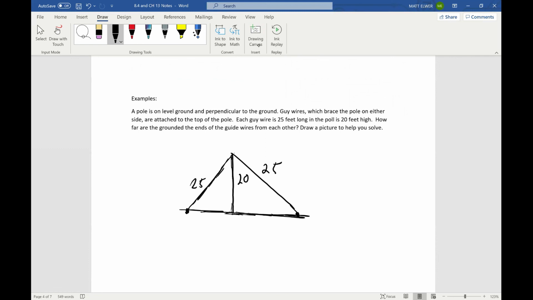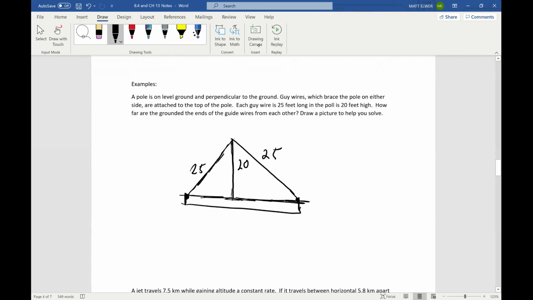The reason I know that they're the same is because they have two side lengths that are exactly the same on either side. So the question is, what is this length from here to here? So what I want to do is maybe find the length of half of that. So maybe we'll label this side X.